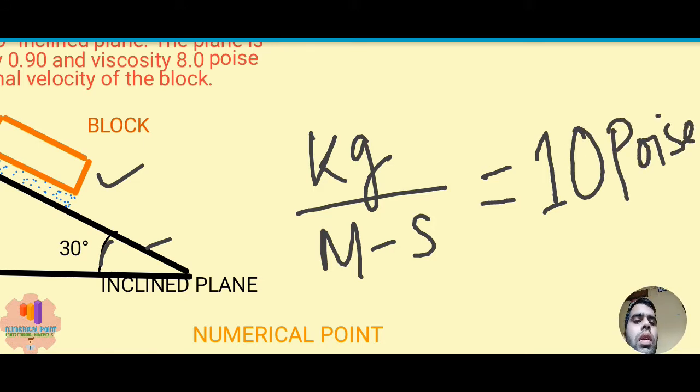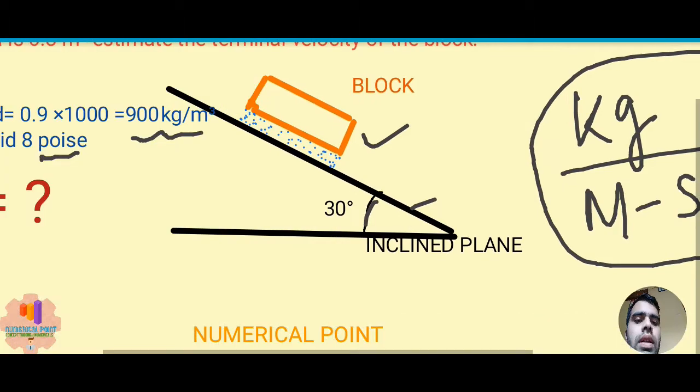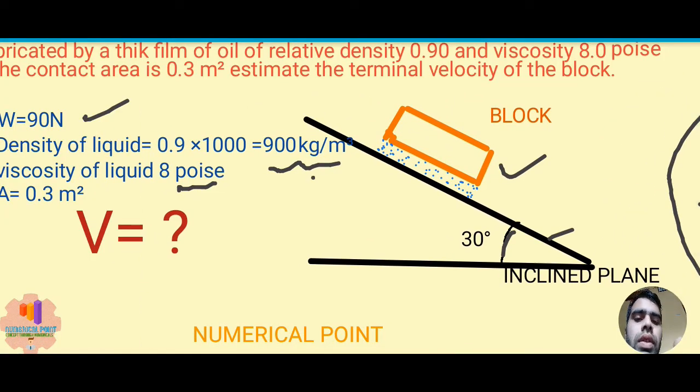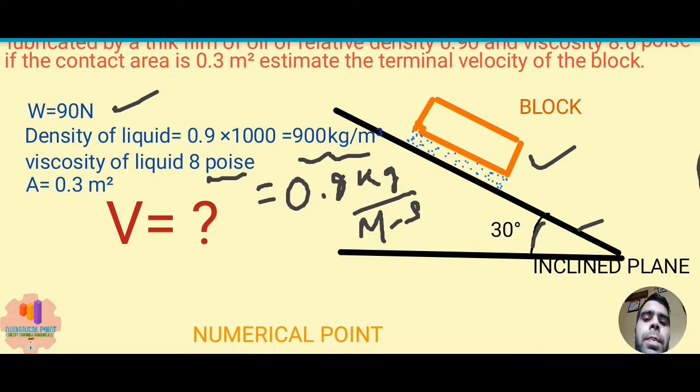In the question the viscosity of the liquid is given as 8 poise, so in SI units we can write it as 0.8 kg per meter second. The area is given as 0.3 meter square, and we have to find the terminal velocity.